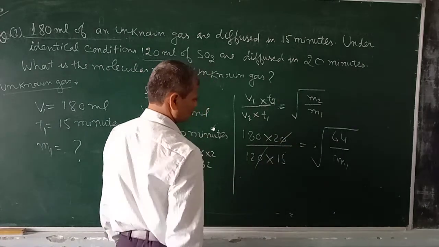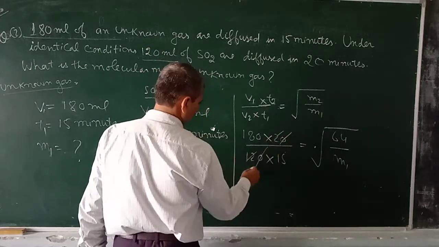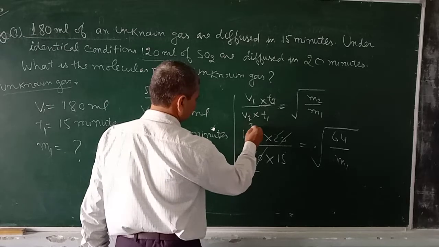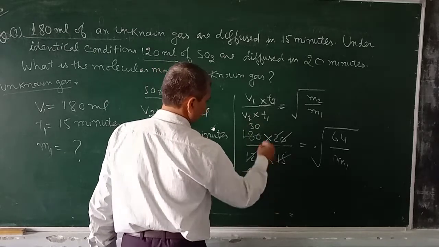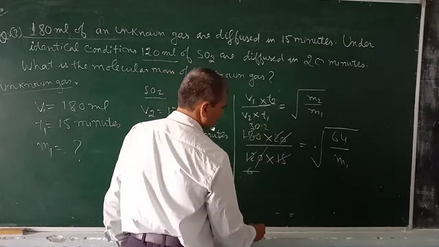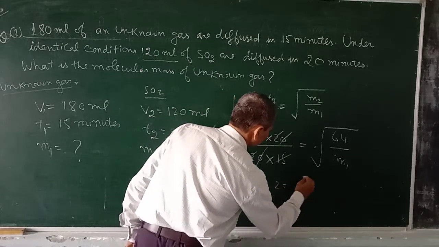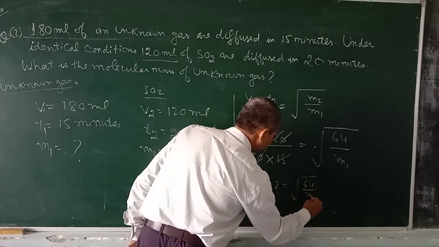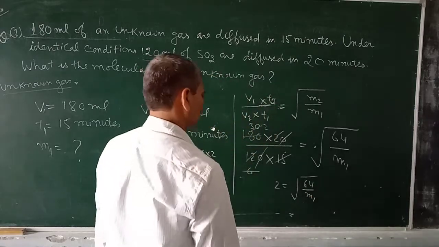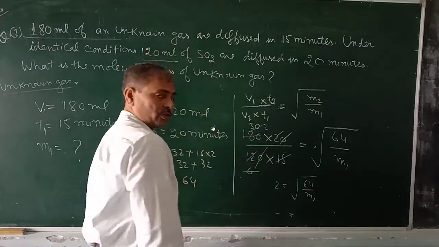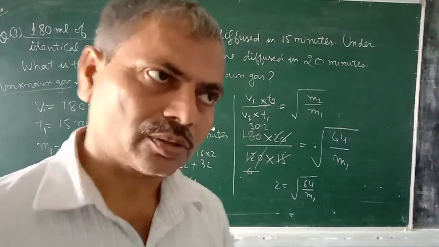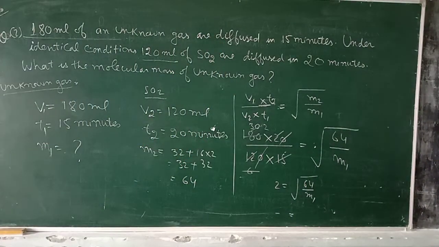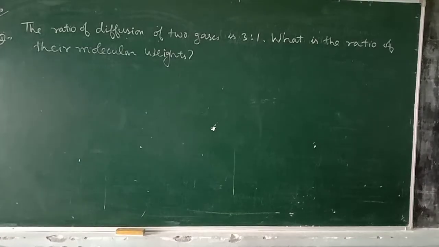On simplifying, 2 is equal to under root 64 upon M1. Now you have to calculate this and get the answer of M1.